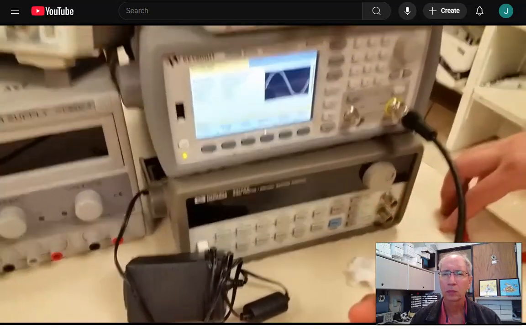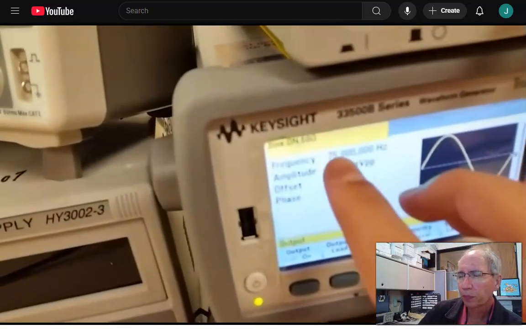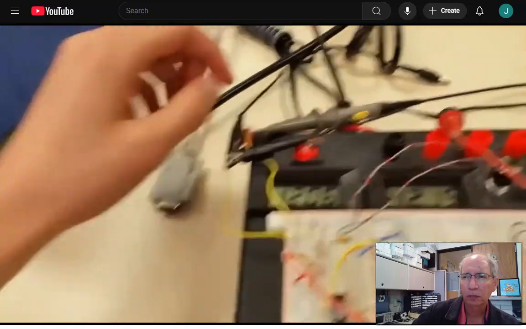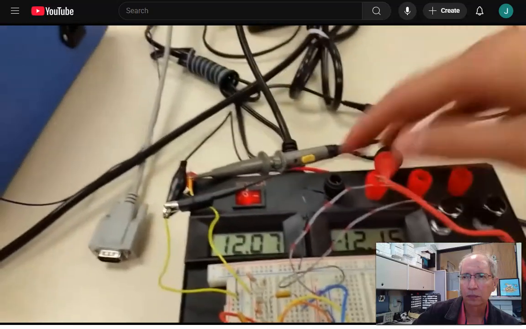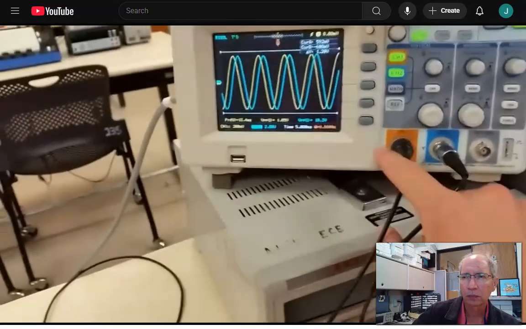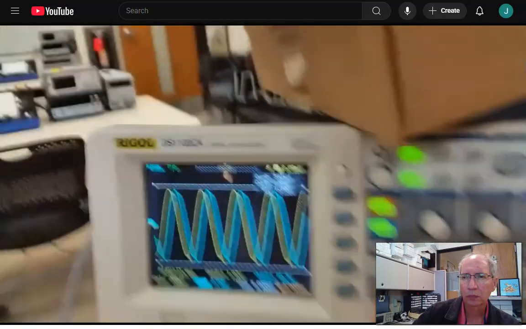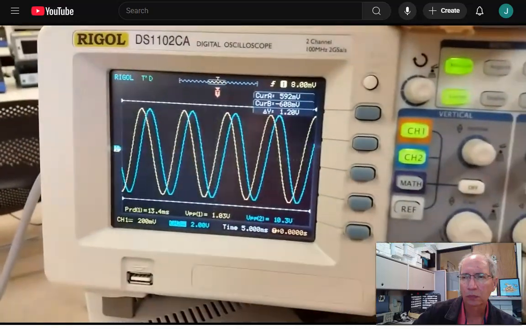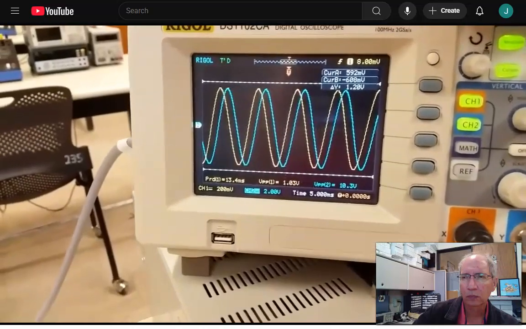Alright, so here I have a function generator outputting 75 Hertz here in the input. Also, I have an oscilloscope hooked up to this channel, and this is the output channel hooked up right here. So you can see the yellow is the input and the blue is the output.